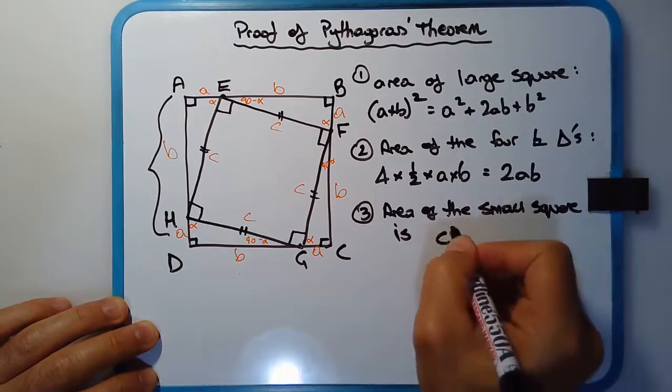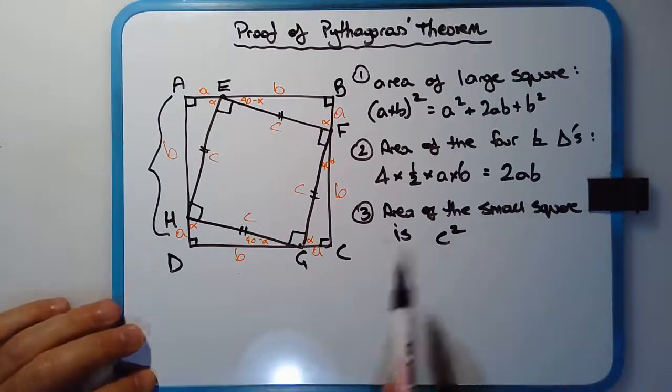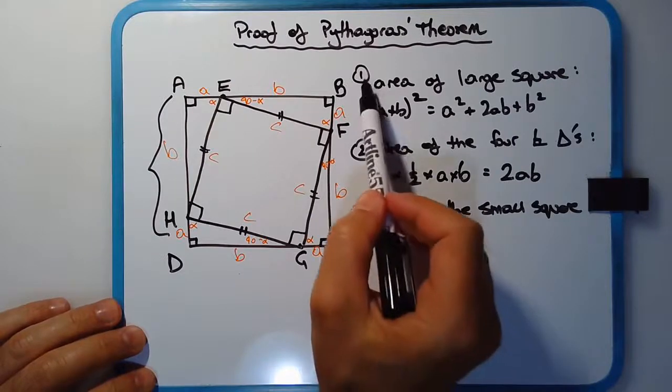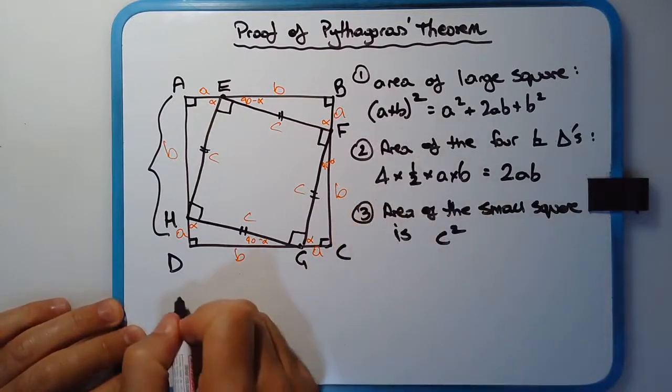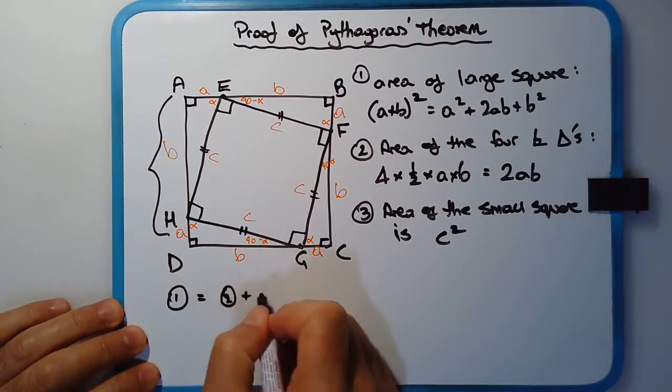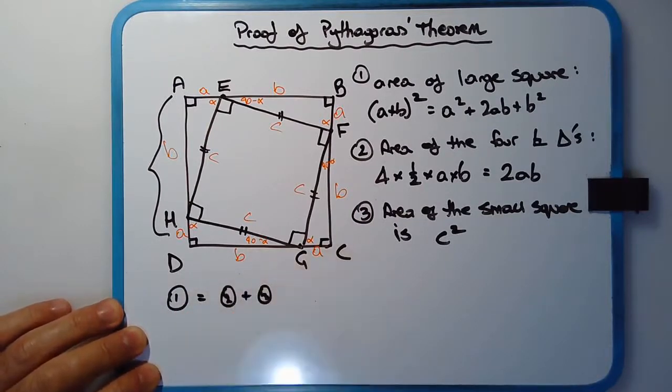is just c squared. So if I add 2 and 3 together, I should get number 1. So 1 is equal to 2 plus 3.